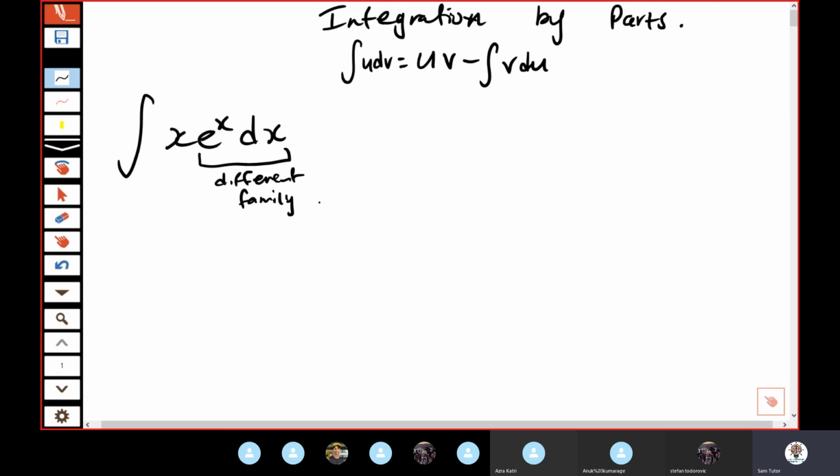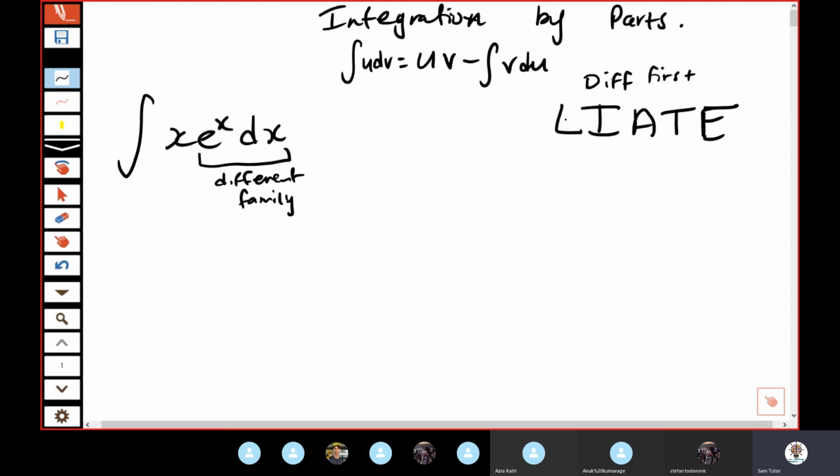What I mean by different family is this particular acronym, and I want you to memorize this acronym. This acronym tells us what to differentiate first, if possible. Now, does anyone want to take a guess at what they think these letters stand for?